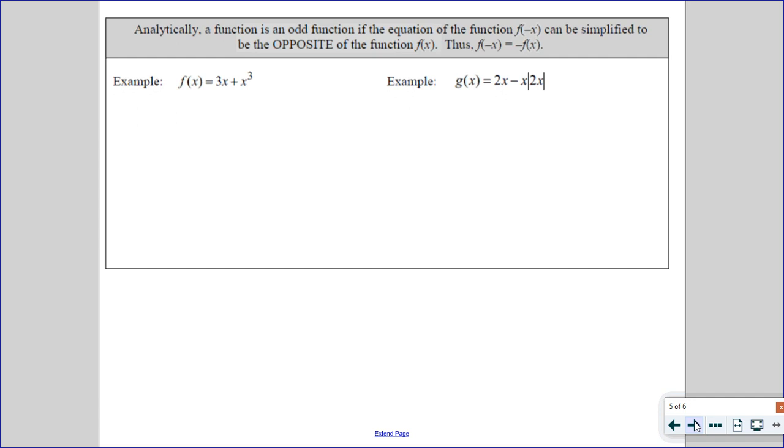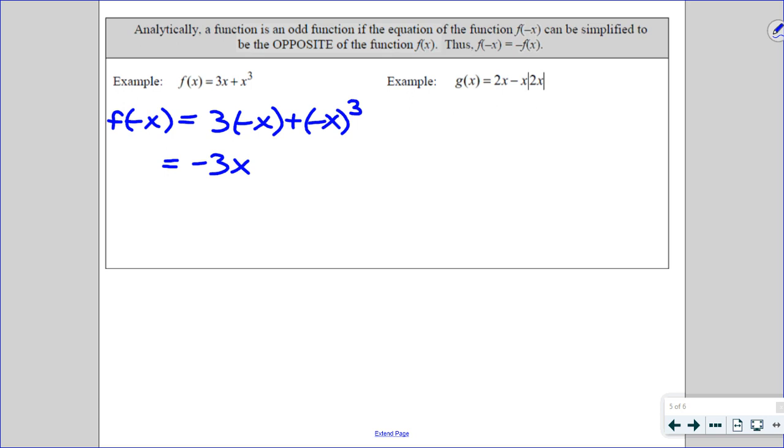Let's look at our first example. F of x equals 3x plus x cubed. So again, we're going to replace x with negative x. And then we're going to simplify. 3 times negative x is negative 3x. And if I have a negative base raised to an odd power, that's going to result in a negative value.